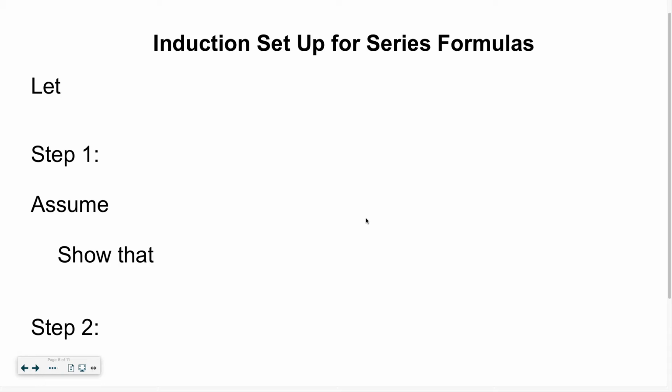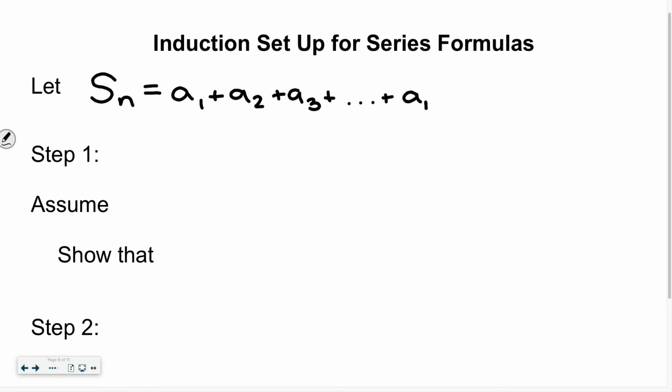What we're going to fill in after let is our S sub n. So we're going to say let S sub n, the sum of n terms, be the first term plus the second term plus the third term plus dot, dot, dot. Who knows how many terms we're adding until we get to the nth term. So we're just adding up individually all the terms.